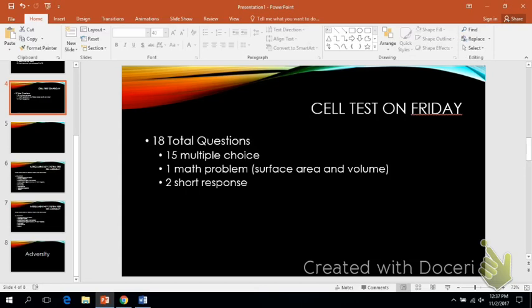In regards to the other part, the cell structures, it is very important that you understand what the cell structures do. The nucleus is the brain of the cell. It controls what goes on in a eukaryotic cell. The cell membrane controls what goes in and out. A cell wall is not present in an animal cell, but is in plants and fungi and some bacteria.